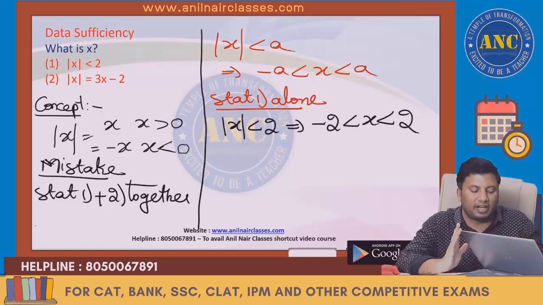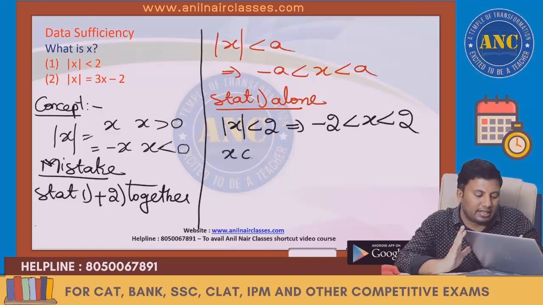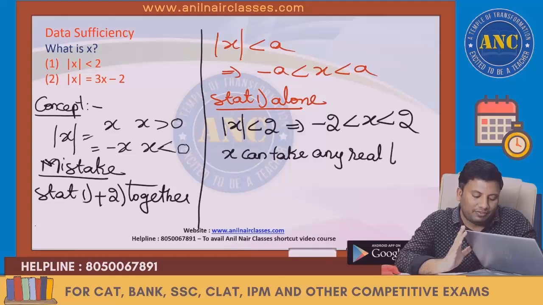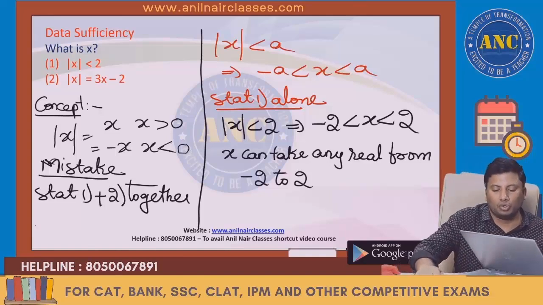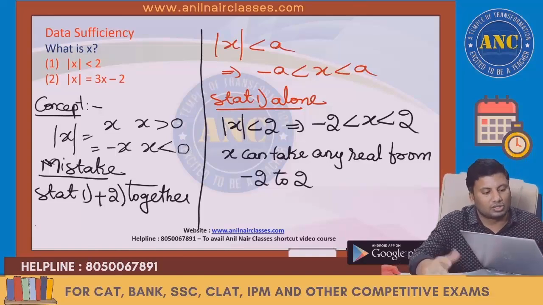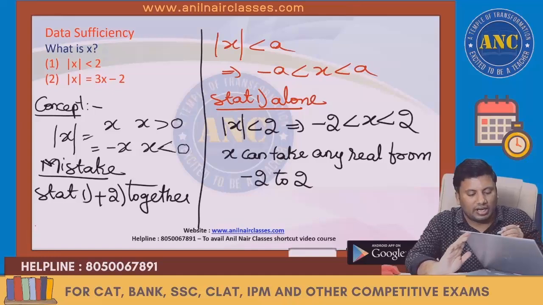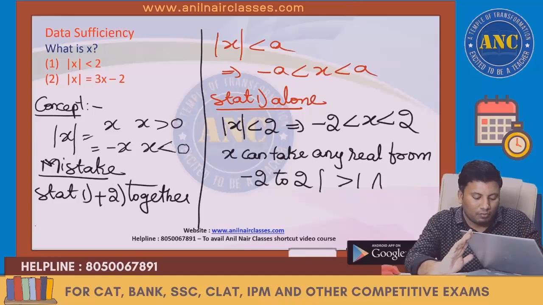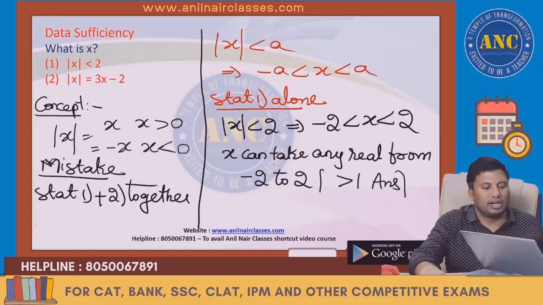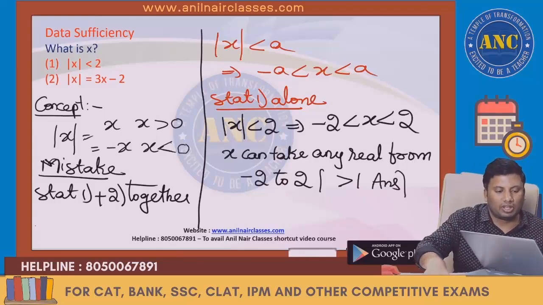Nothing is specified, so x can take any real value from minus 2 to 2. I hope it is clear. So statement 1 is giving you more than one answer.